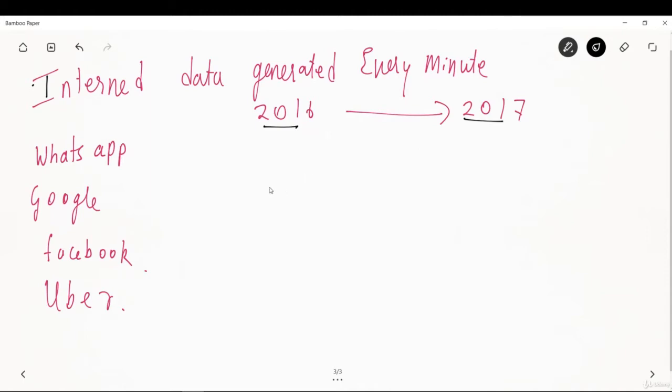Let us compare. So WhatsApp had approx 20.8 million messages exchanged every minute in 2016. So we are talking about every minute. Every minute there were 20.8 million messages in 2016, which grew to 29.2 million messages in 2017.